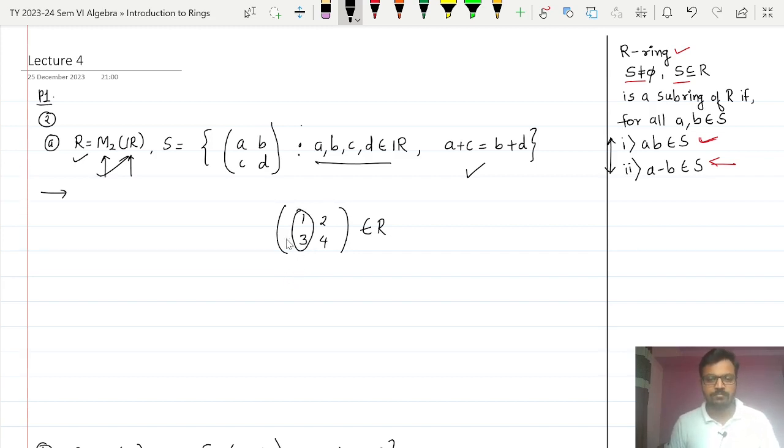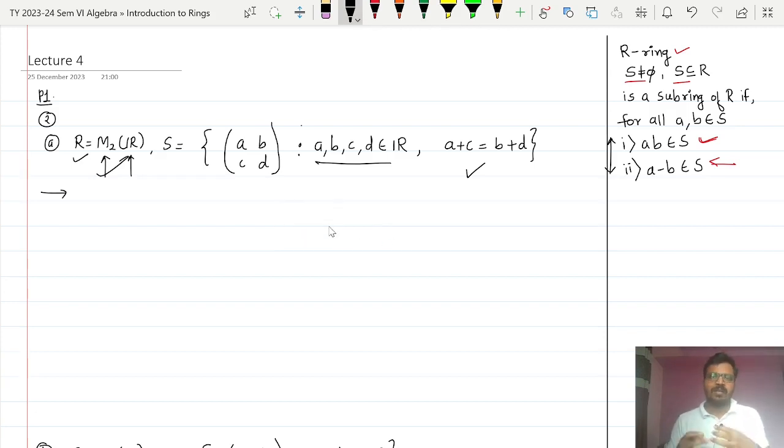If you add 1 plus 3, that is 4, and if you add 2 and 4, that is 6. So you can see that 4 is not equal to 6 here. Our conclusion is that this element is not in S, because the sum of these two elements should be equal to the sum of these two elements.